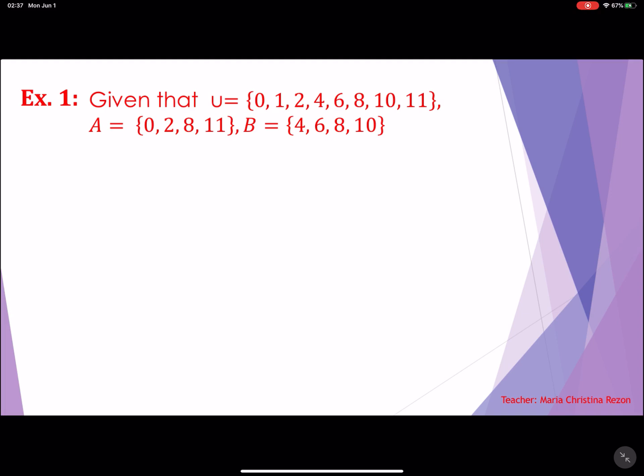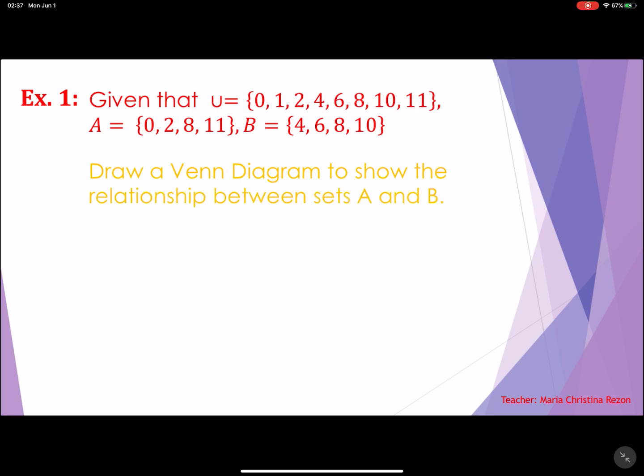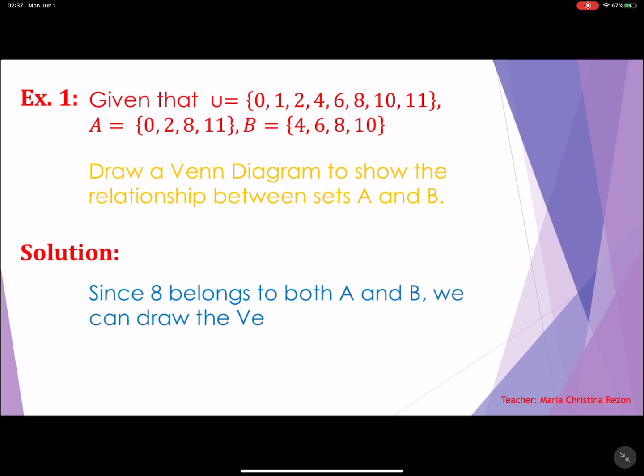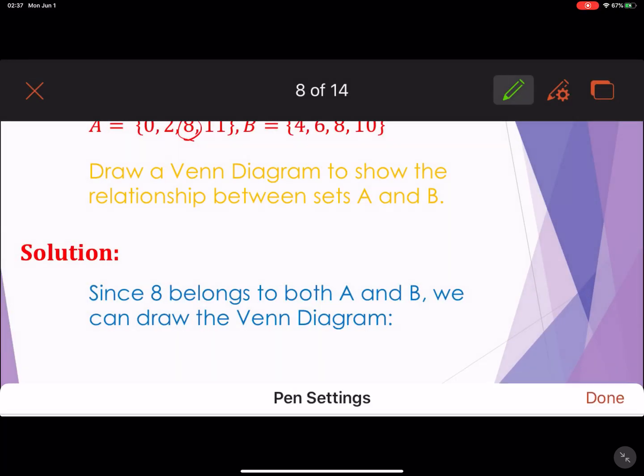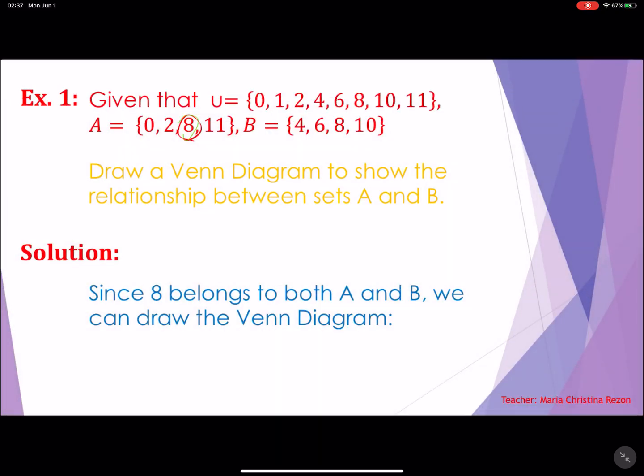We want to draw a Venn diagram to show the relationship between sets A and B. Now, our solution: we can tell that sets A and B have one element in common, and that is 8.